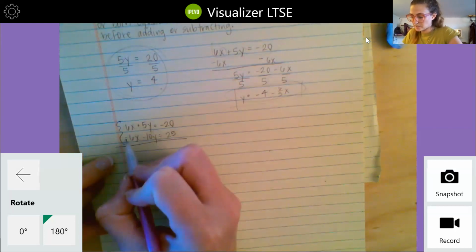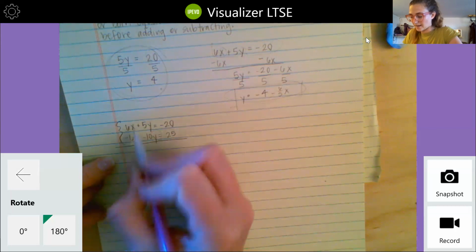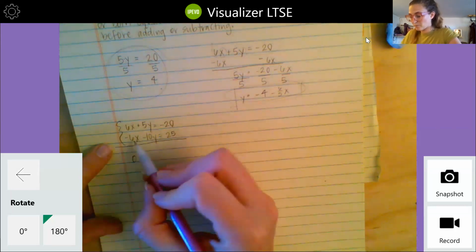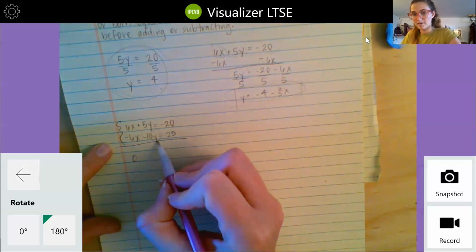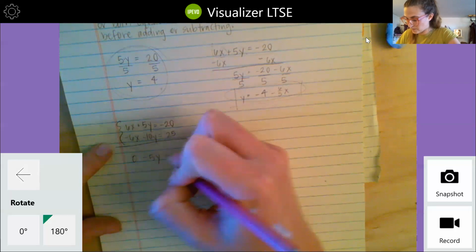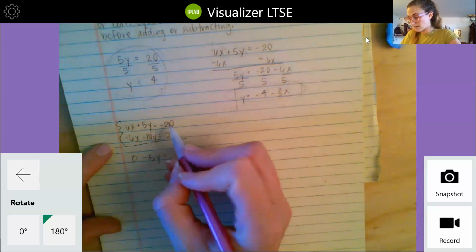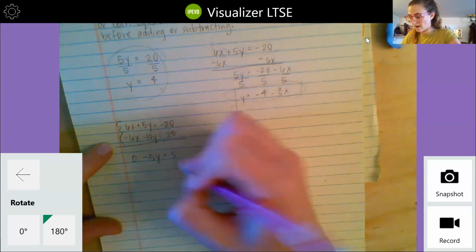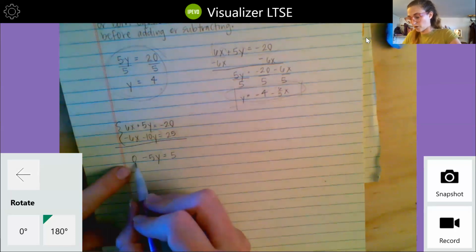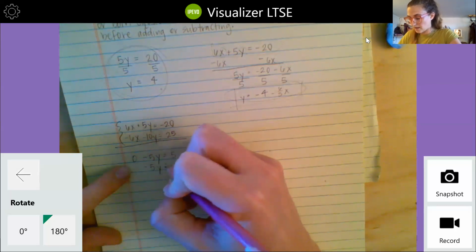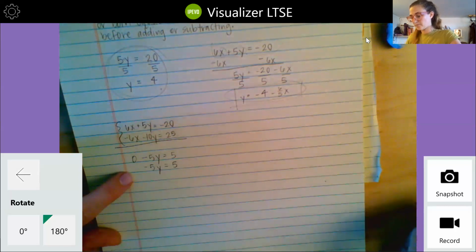So 6x plus negative 6x gives me 0. 5y plus negative 10y gives me negative 5y equals negative 20 plus 25 gives me 5. Well, 0 minus 5y is just equal to negative 5y. And again, that's equal to 5.